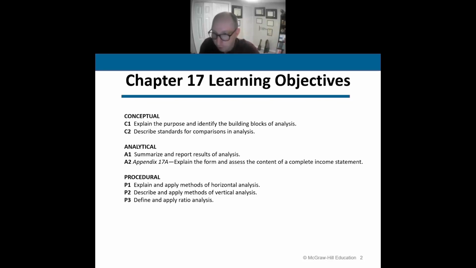I know you all love ratios, especially if you like math. But for those of you who don't like math, you might not like ratios all that much. The good news here is that as long as you know the formula, it's just a matter of plugging in the numbers, right? So we'll try to make it easy for everyone to understand.